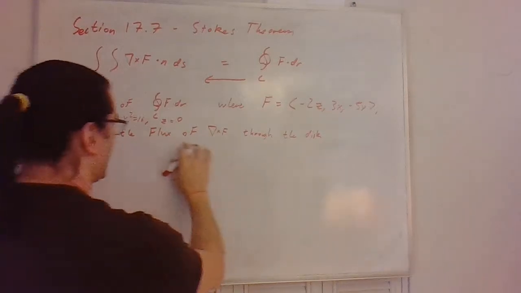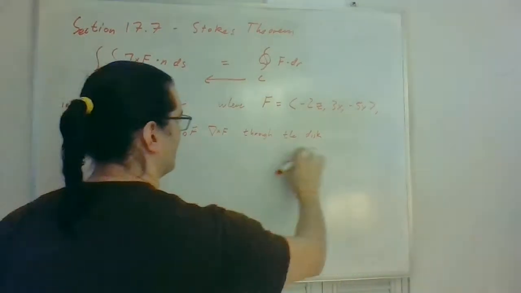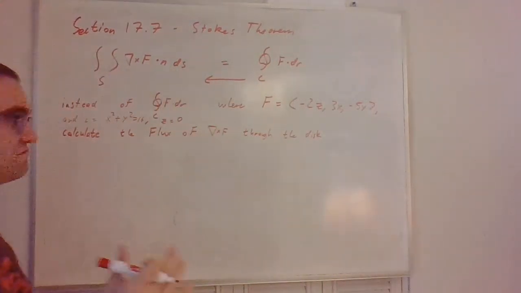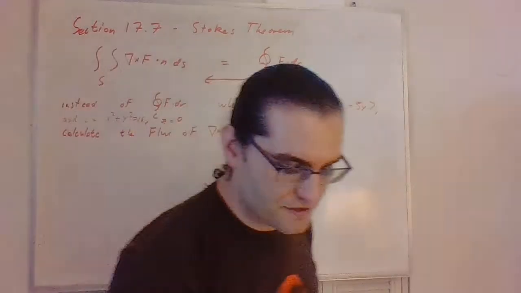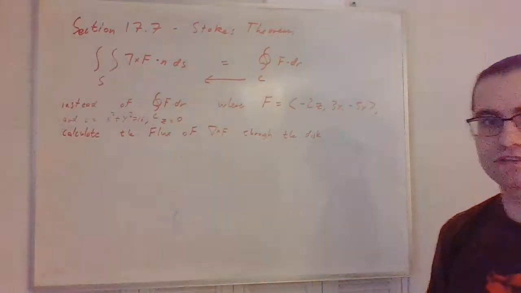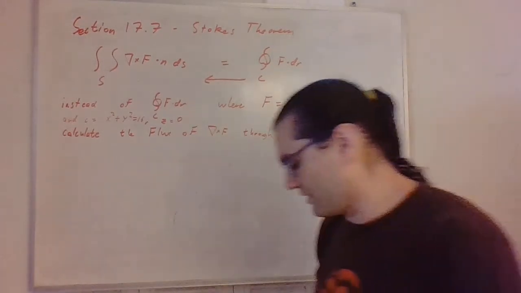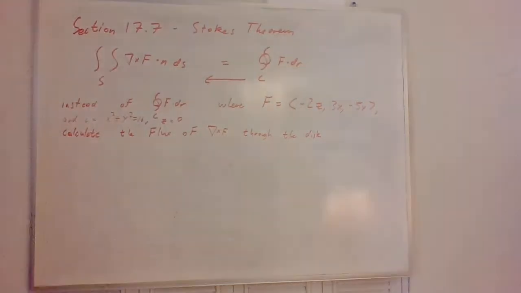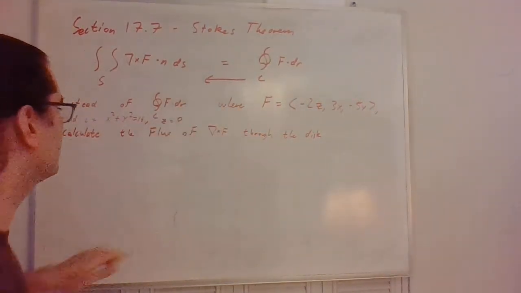Or instead of that, we could calculate the flux of the curl of F through the disk that this circle sort of encloses. So for this first example, I think I want to do it both ways so we can verify that this actually works. So let's start with the line integral, because that's what this is originally presented as.